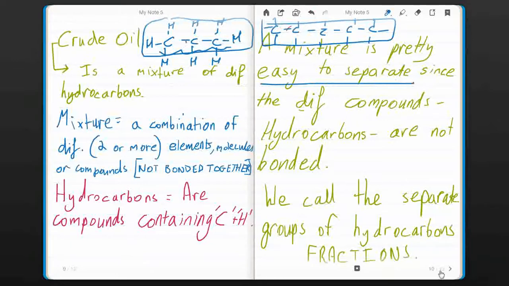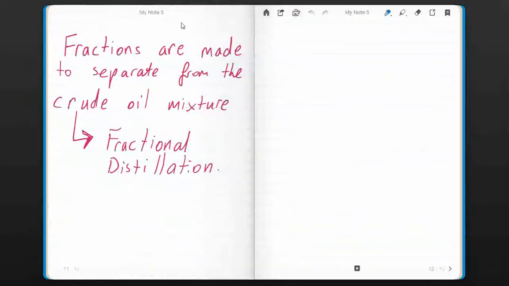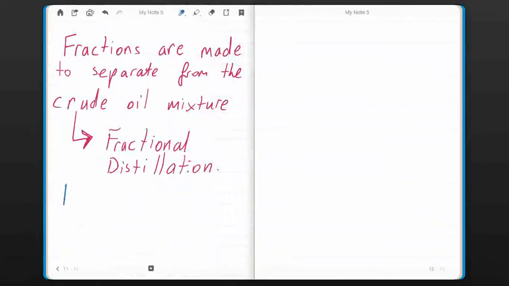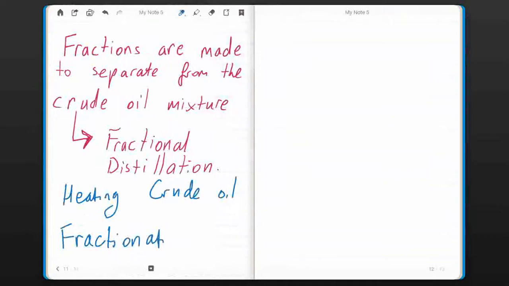And that's why we use fractional distillation. Fractional distillation is just about heating crude oil in a fractionating column. It basically gets rid of the mixture. It separates it out into fractions.